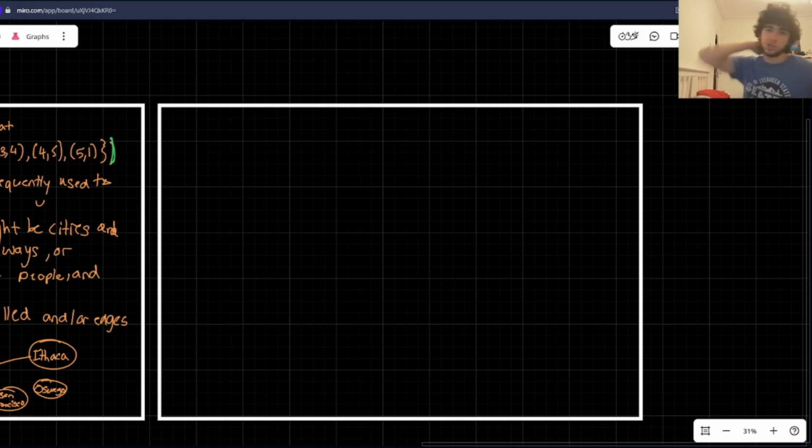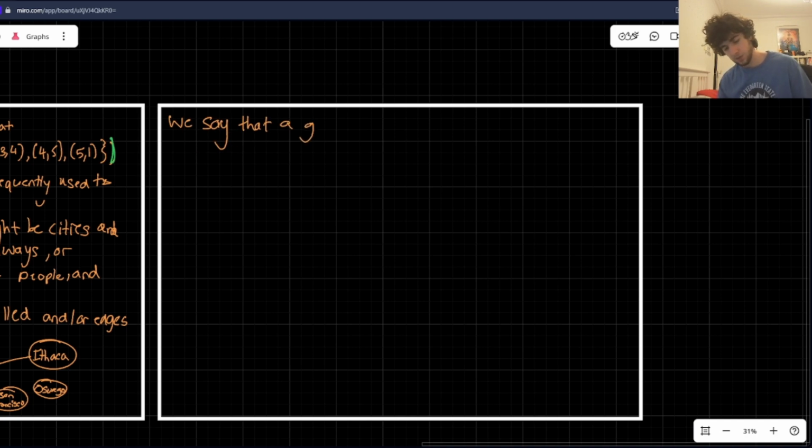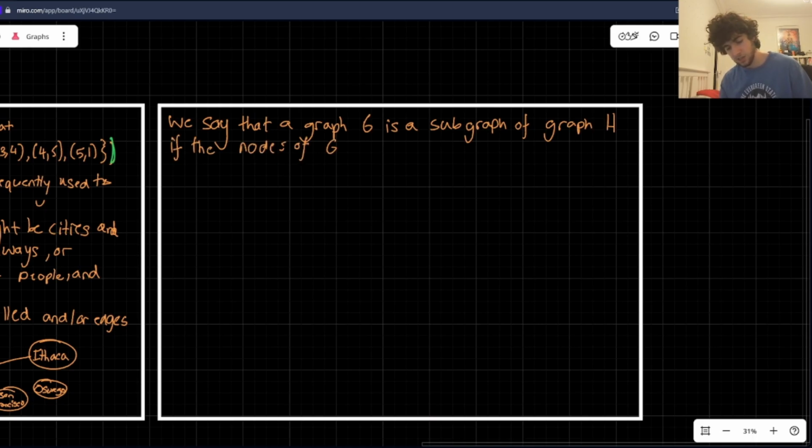We can also define things called subgraphs of a particular graph. Okay, so we say that a graph capital G is a subgraph of graph capital H if the nodes of G are a subset, right?